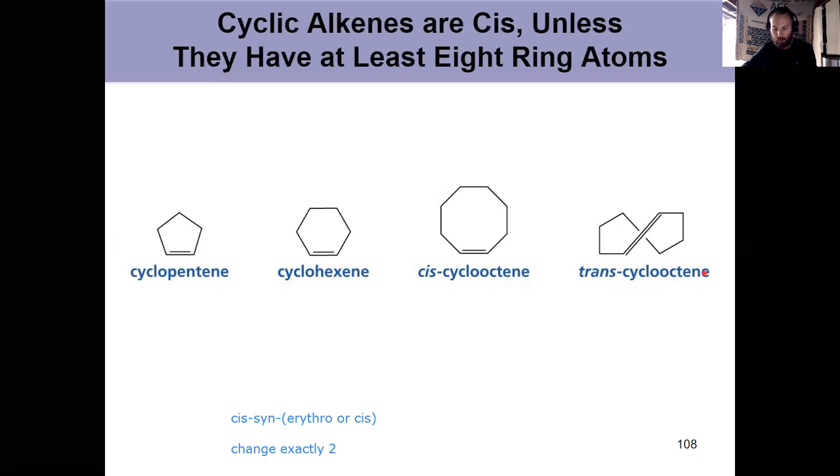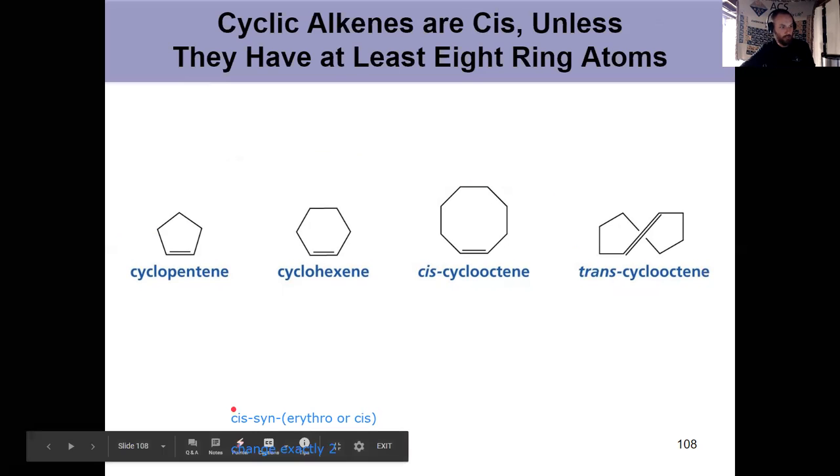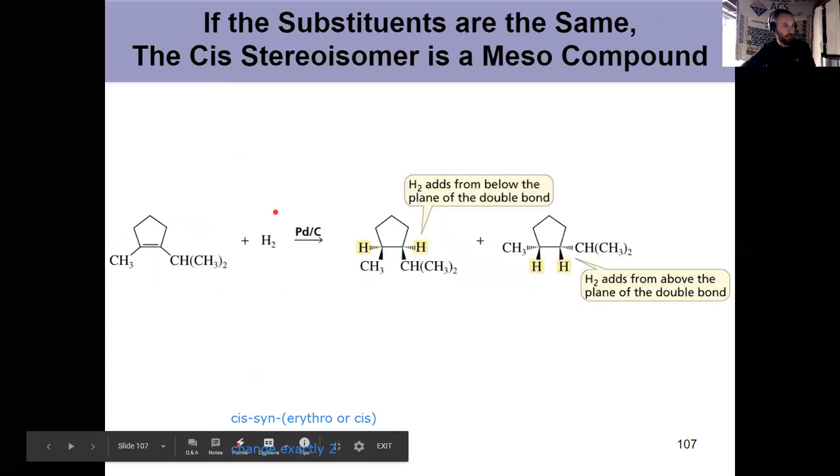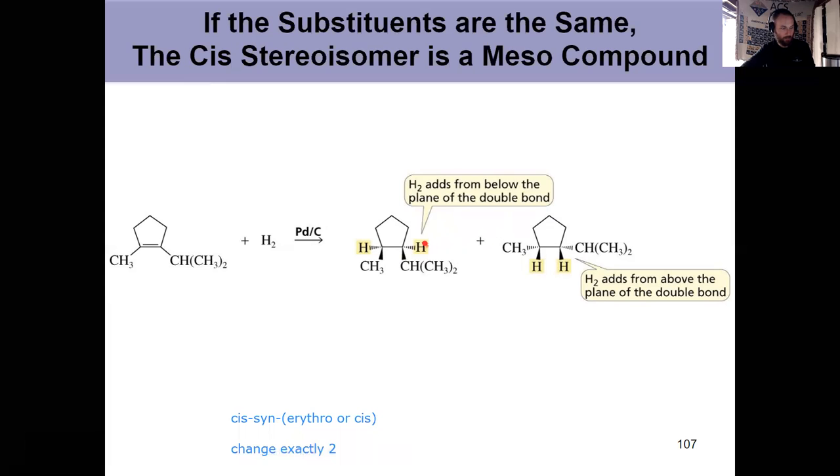Okay? It's rare, but it's possible. So for the purposes of my class, you can always consider these rings to be cis, meaning if it's doing a syn addition, like we have the addition of hydrogen here, then the product is going to be cis. They're going to keep the hydrogens on the same side.